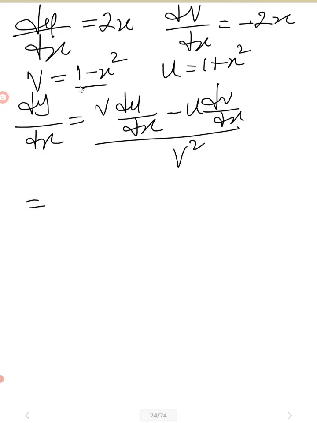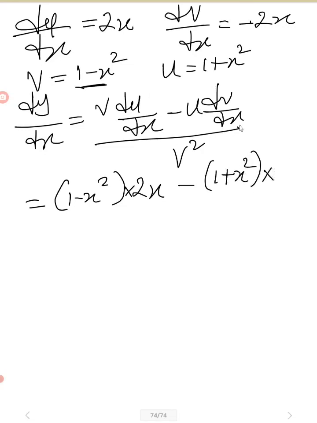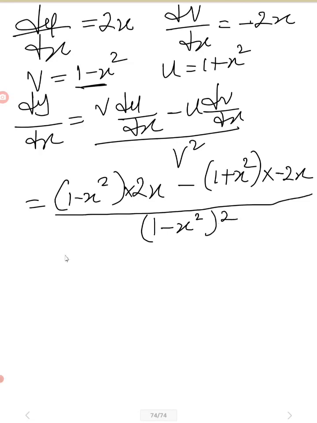Our v is this, 1 minus s squared, times du dx, which is 2x, minus, what is the u? 1 plus s squared times dv dx, which is minus 2x, divided by our v, which is 1 minus s squared, all divided by v squared.